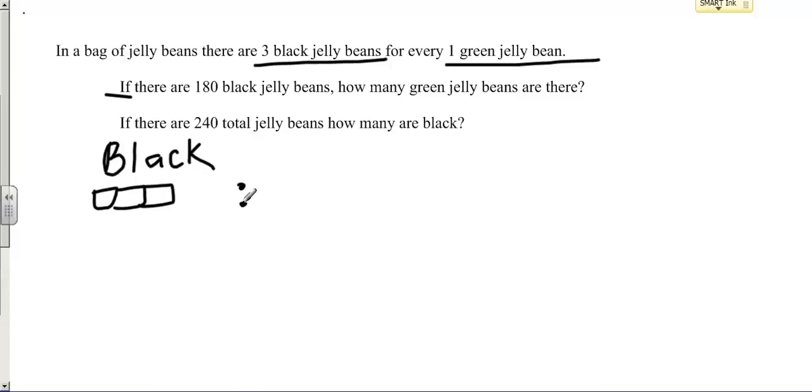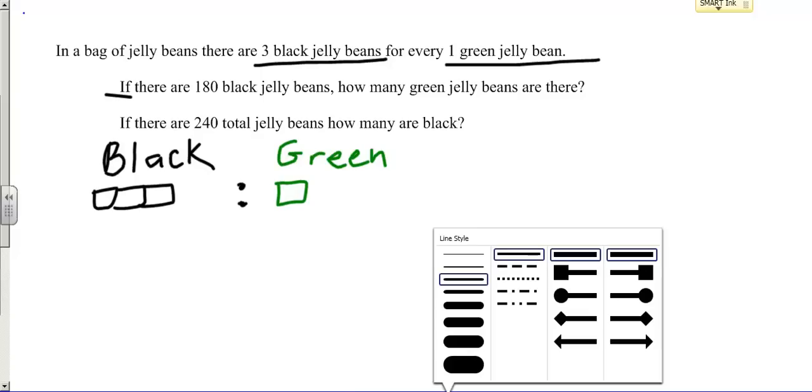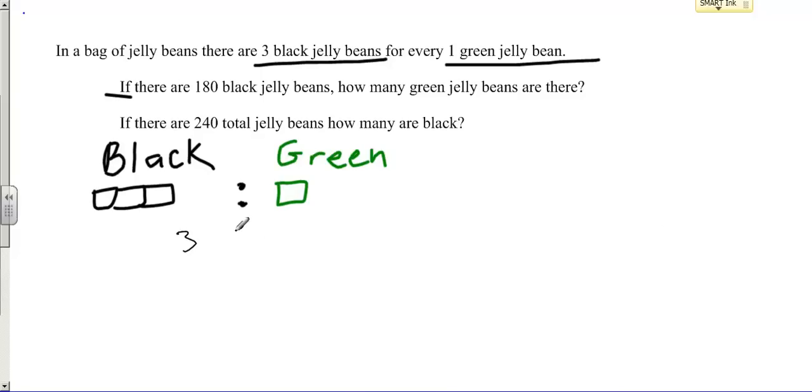On the other side, we have our green jelly beans, and we have 1. And under that, I'm going to start writing my ratios in numerical form. So that equals 3 to 1.